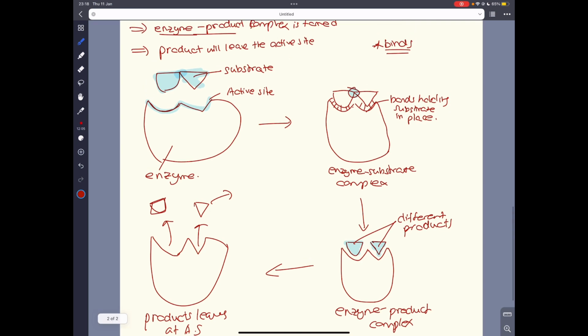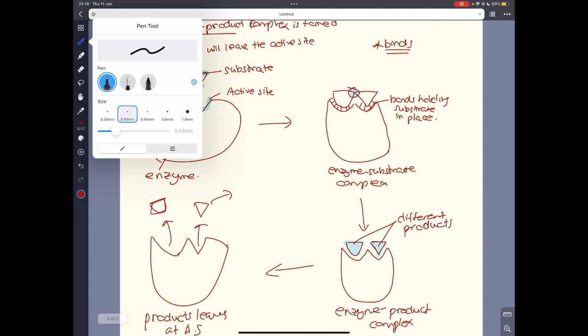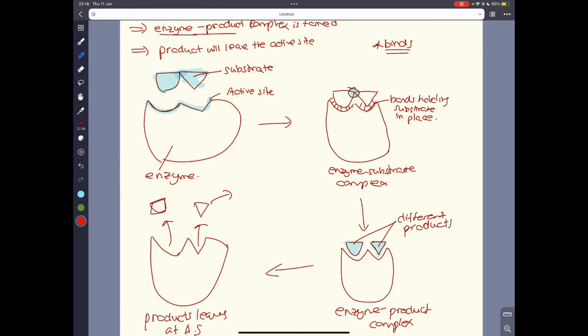Now note that in this highlight, I'm going to use another color. When I highlighted this, you see that the curve of the substrate and the active site of the enzyme are very complementary to each other. They are basically the same. This triangular curve is the same or similar to the active site of the enzyme.